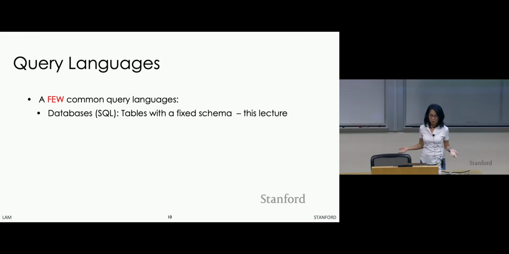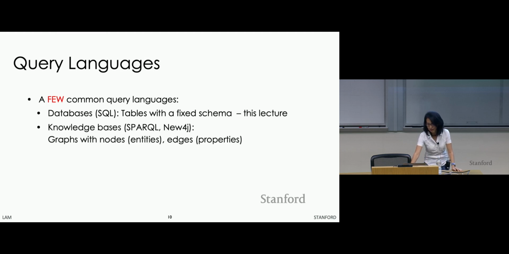Probably everybody here knows about SQL, the standard commercial language for querying information in tables. But there are knowledge bases where things are connected by edges between nodes, and there are two common languages, SPARQL and Neo4j.